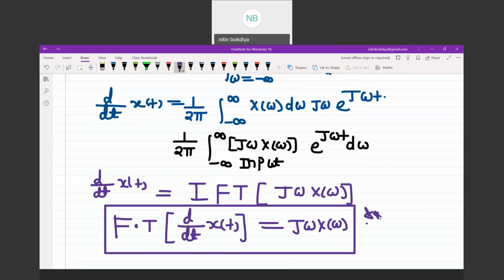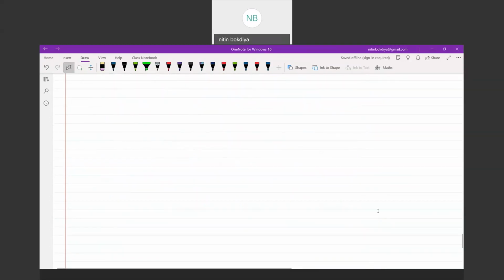This is the Fourier transform for differentiation, and this will make your calculation easier. What I can say, suppose I have this.